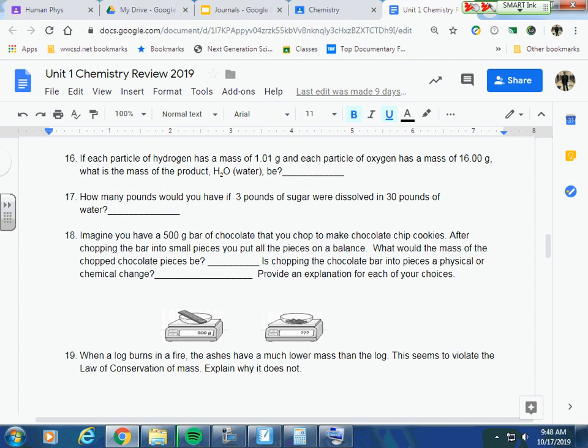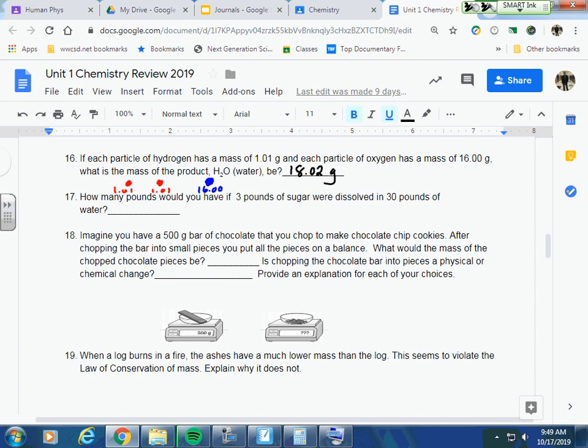So that means H2O would be two hydrogen particles, each with a mass of 1.01. And then we would have an oxygen particle that has a mass of 16. So if I combine them together, I'm just going to add the masses together. Just put the particles together, stick them together, H2O. So it's going to be 18.02 grams, correct?